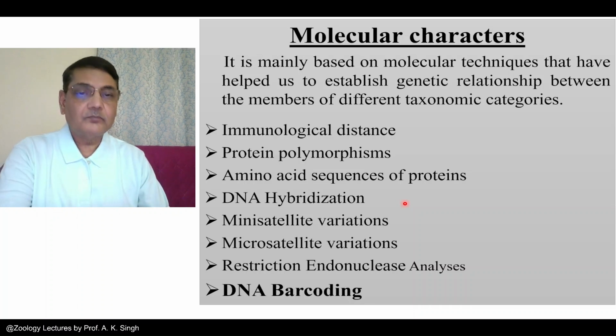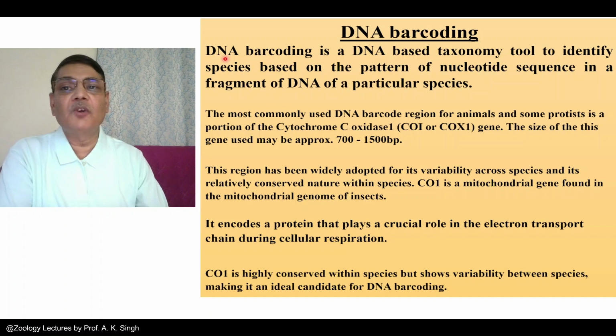See here, DNA barcoding is a DNA-based taxonomy tool to identify species based on the pattern of nucleotide sequence in a fragment of DNA of a particular species. The most commonly used DNA barcode region for animal and some protist is a portion of cytochrome C oxidase 1.